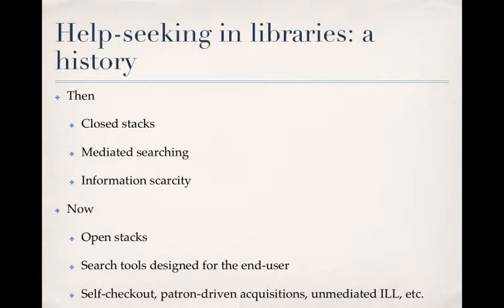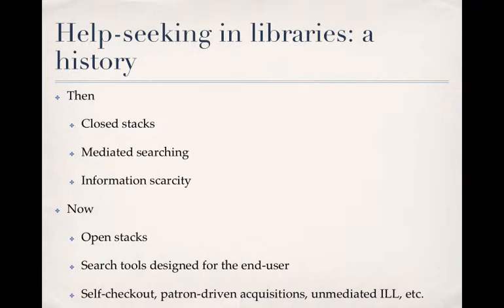Back then, a lot of libraries had closed stacks, especially academic libraries, so you couldn't actually go get a book on your own. It was all about mediated searching because the systems that were searchable, like LexisNexis and whatnot, used command language, which most regular people didn't know, and were extremely expensive because they charged per search, as is still the case with things like Dialog.